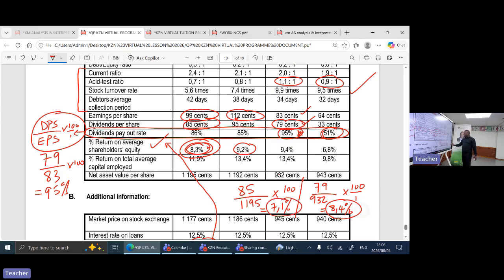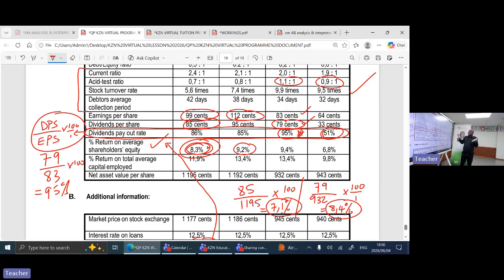That means Freddie's are better, but there is a student who would just say Siyabonga is better. That will be wrong when you are just looking at these numbers. This is why you must do what is called the dividend yield, so that you would see the real figures in percentage. When you are just looking at 85, you may be wrong by saying, okay, Freddie's dividends are 79 cents, these are 85 cents, therefore Siyabonga is good, and you agree with that.